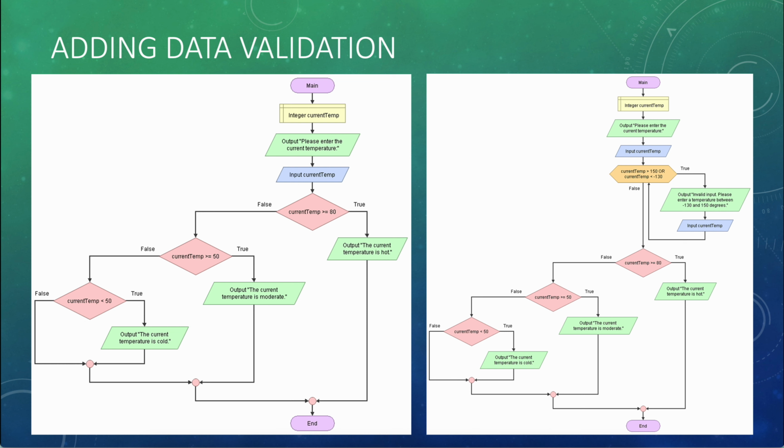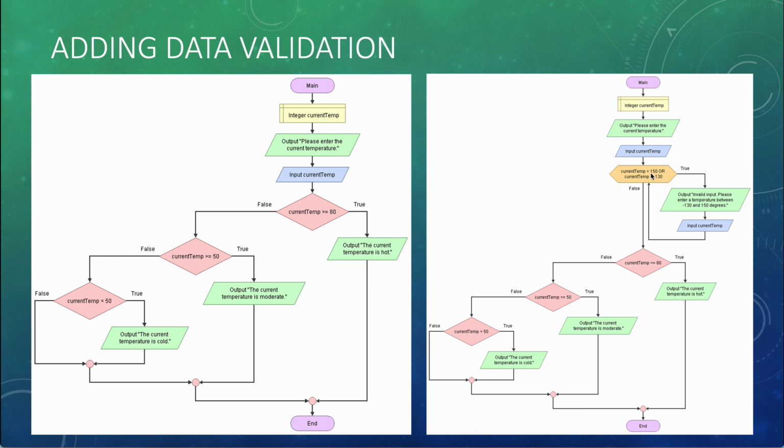So pretty much if anything is above or below these temperatures, then it's invalid. So remember our or keyword as well indicates that if either one of those conditions are true, then the entire condition is considered true and it will take that loop path.